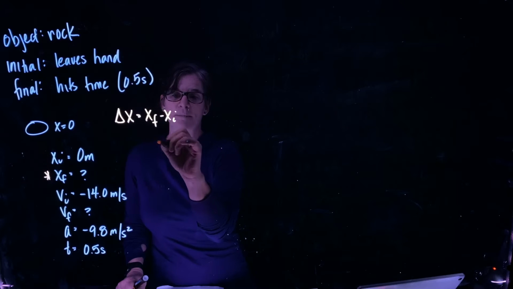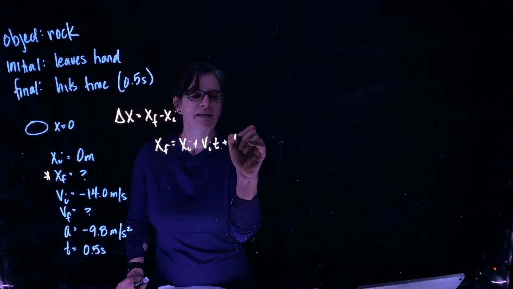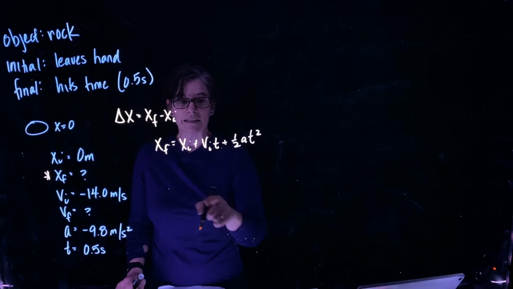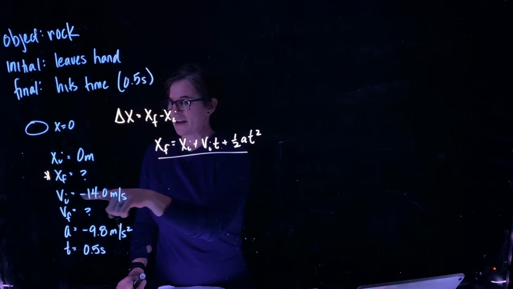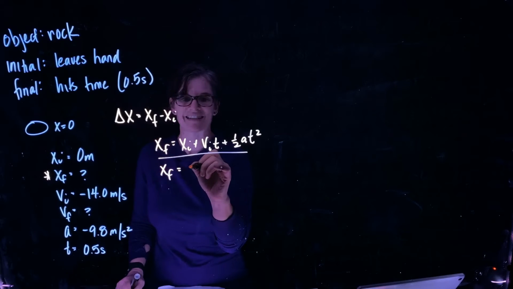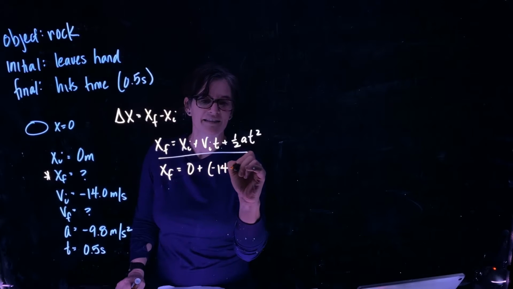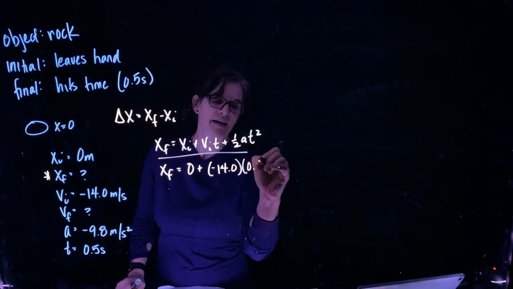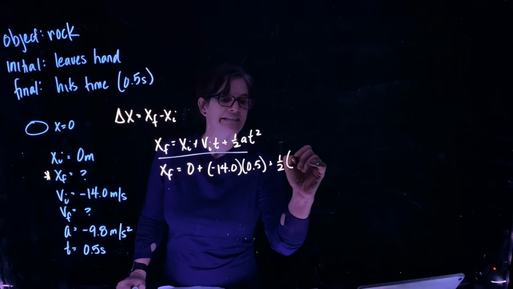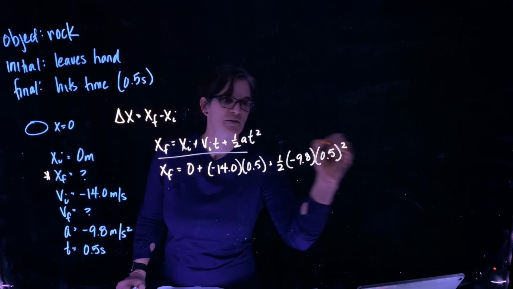X final, remember, is x initial plus v initial t plus 1/2 our acceleration times our time squared for an accelerating object. Well, we can use this equation. X final, I don't know. We'll leave it as its variable. X initial, well, that's 0. My initial velocity is negative 14.0 times my time of a half a second plus 1/2 times negative 9.8 times 0.5 squared.